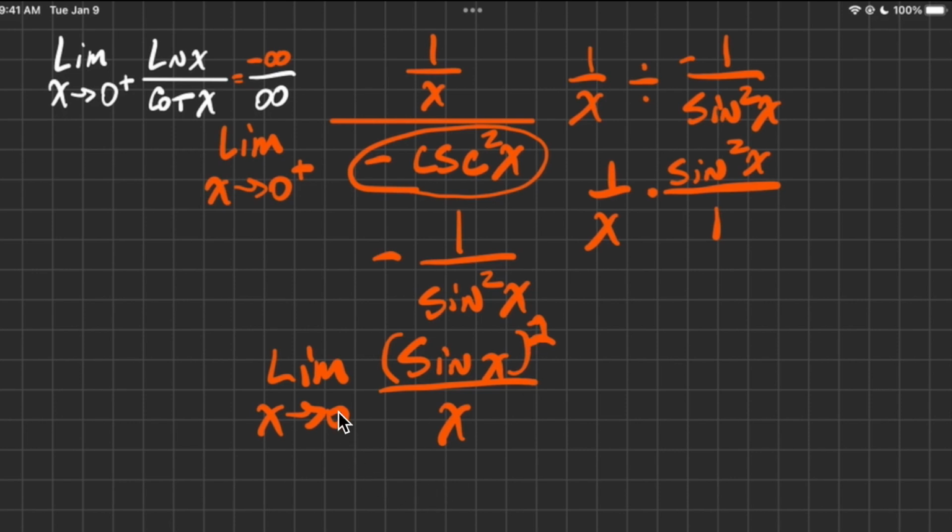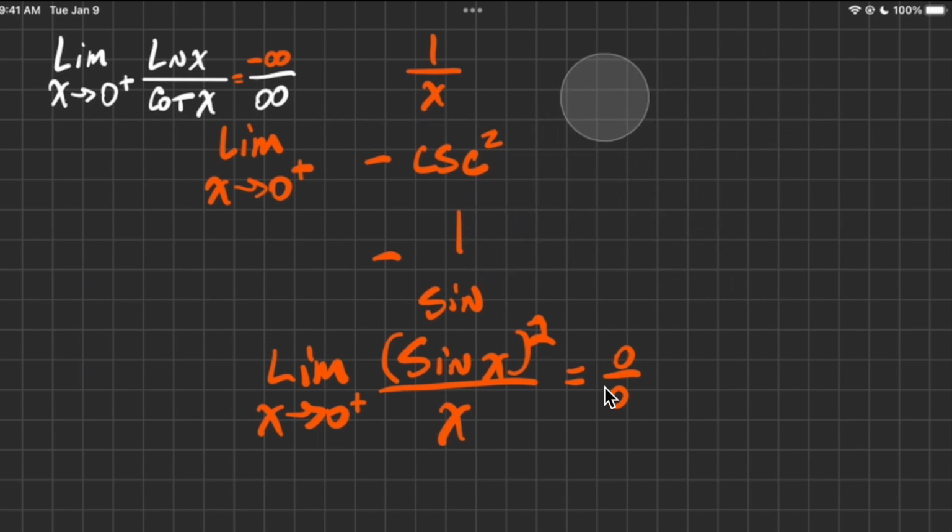If we plug in 0 into this new simplified limit, we still get something that's indeterminate. But this time, the sine of 0 is 0, 0 squared is 0, we end up with 0 over 0. So although we don't have an answer to our limit that's acceptable, we still have something that is L'Hopital's friendly.